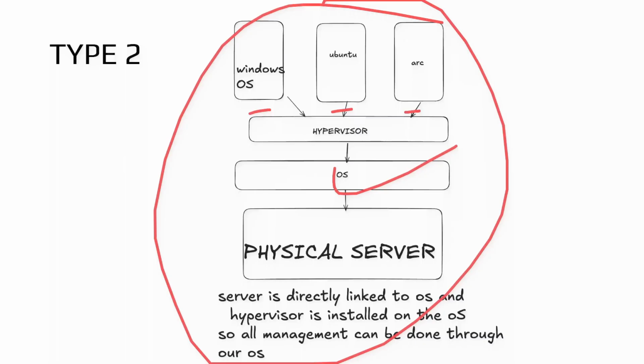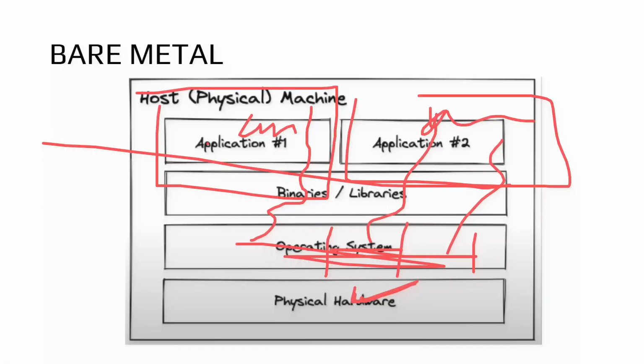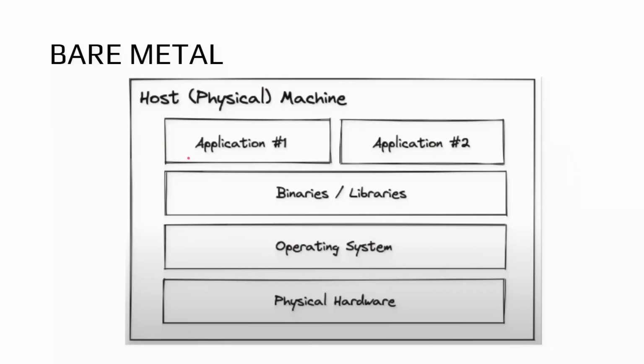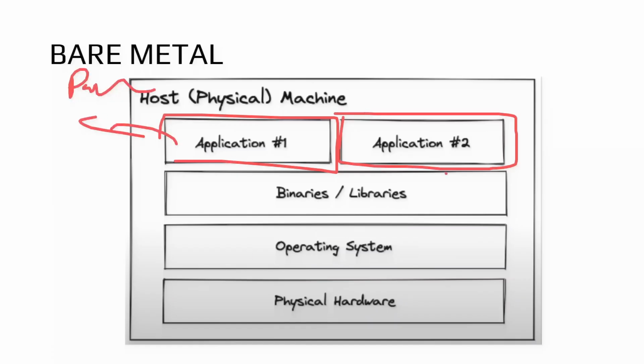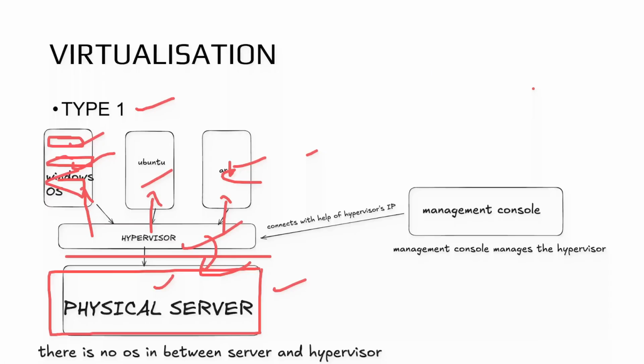Then how are these problems solved? So now I have this unique problem: I want application level isolation, that is, my application needs to be isolated. It needs to run in its own packages. Which is solved in virtualization.